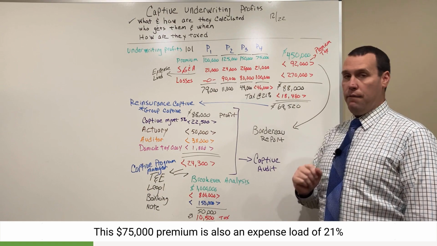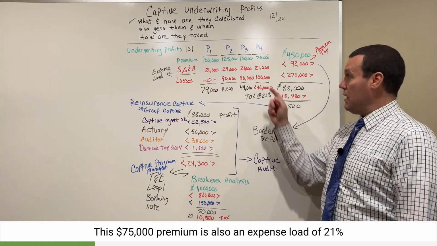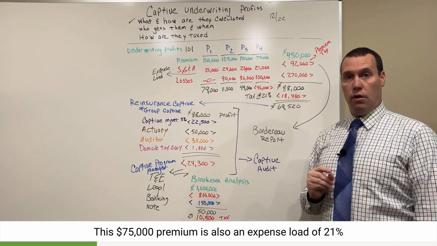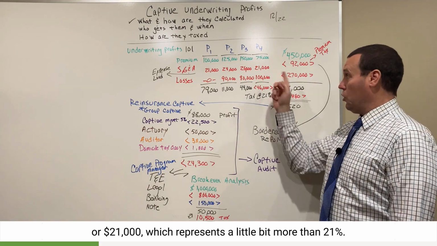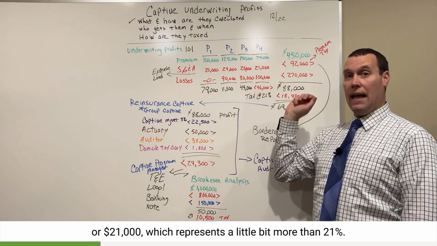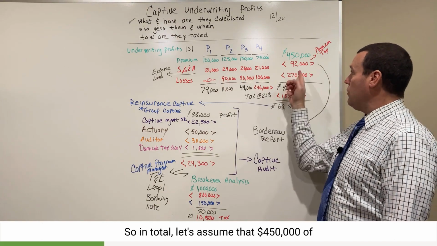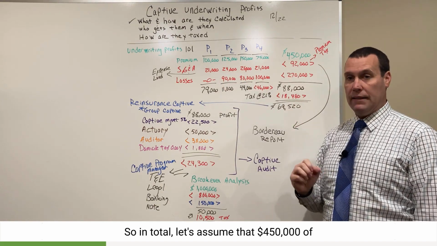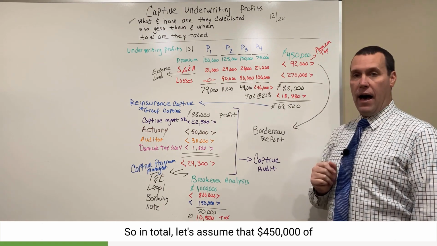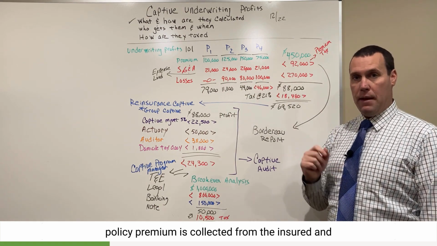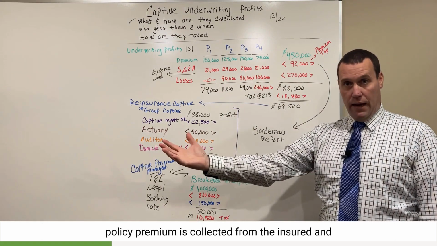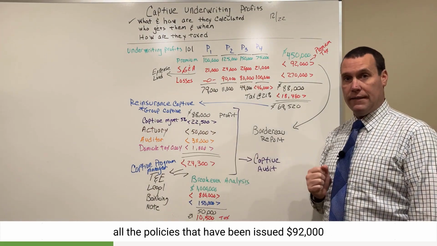This $75,000 premium is also an expense load of 21%, or 21,000, which represents a little bit more than 21%. So in total, let's assume that $450,000 of policy premium is collected from the insureds on all the policies that have been issued.